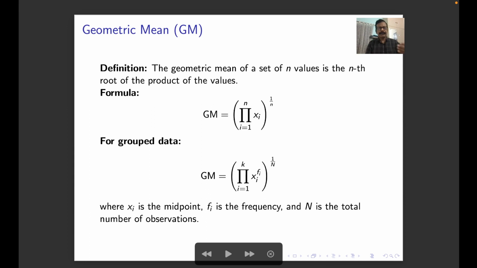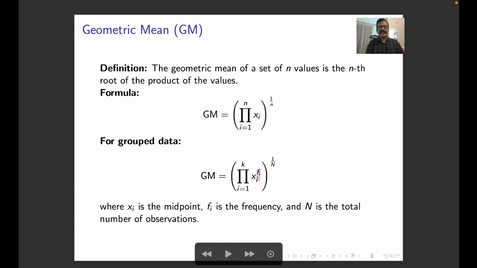And if there are class intervals, we can find the midpoints as x1, x2, etc. xk, so that the corresponding frequencies are f1, f2, etc. fk. So xi is the midpoint of the ith class, and the corresponding frequency is fi.